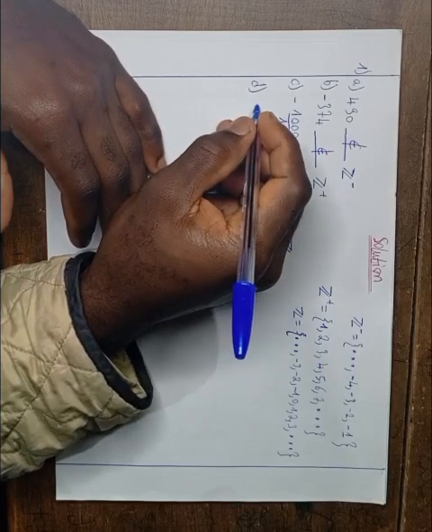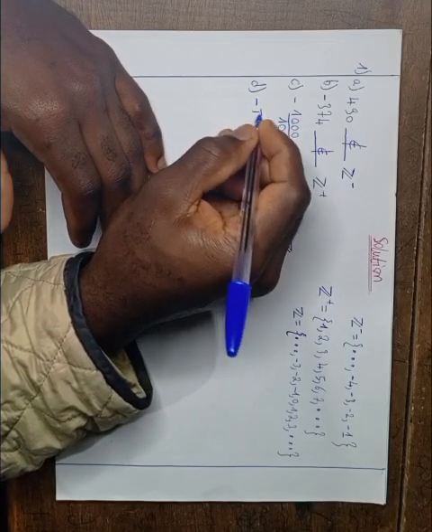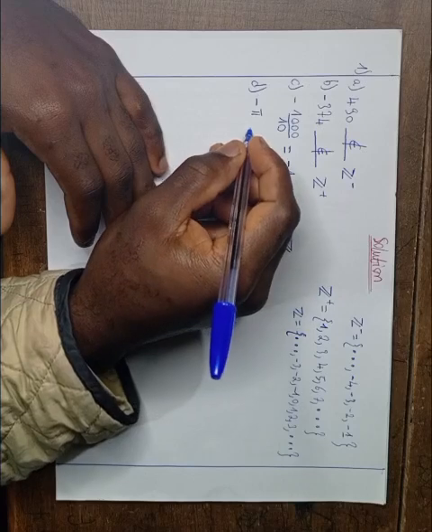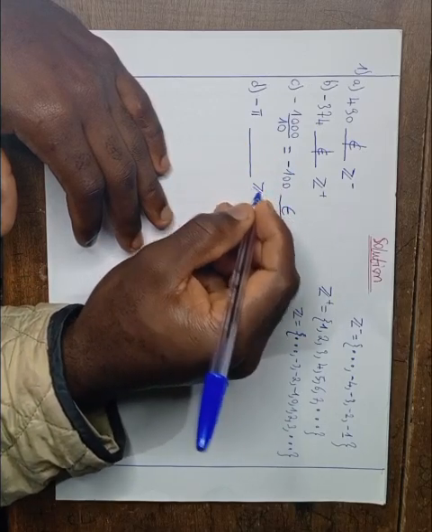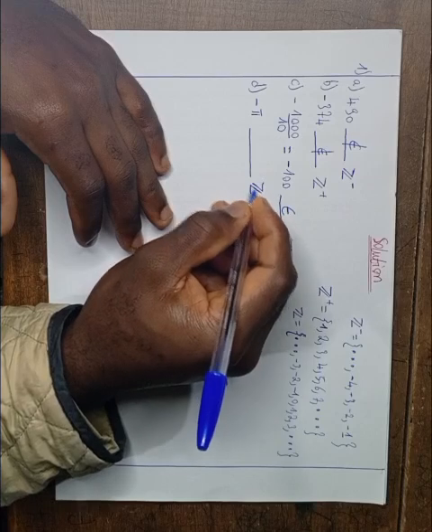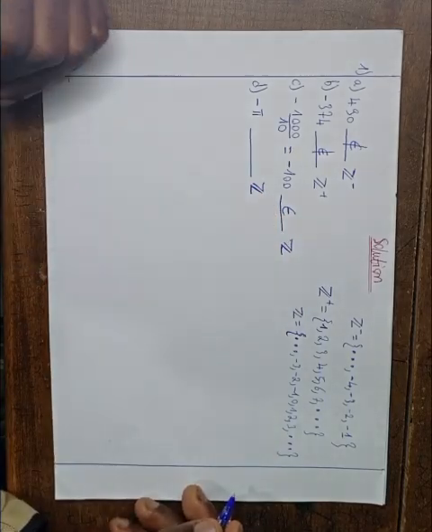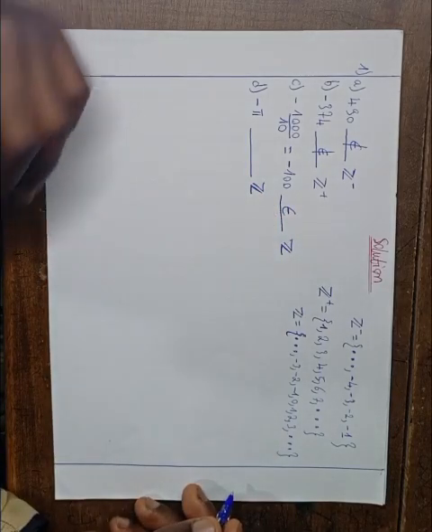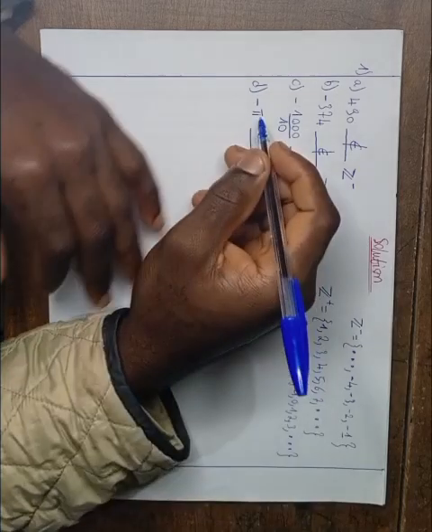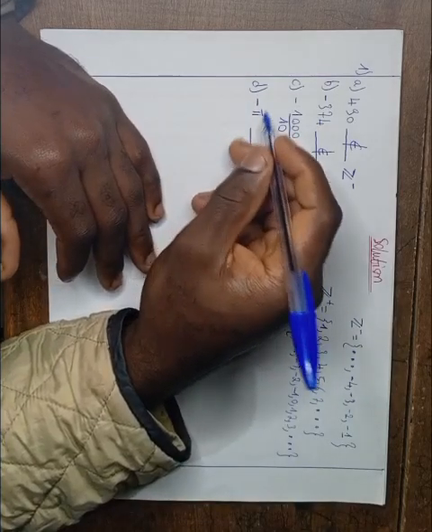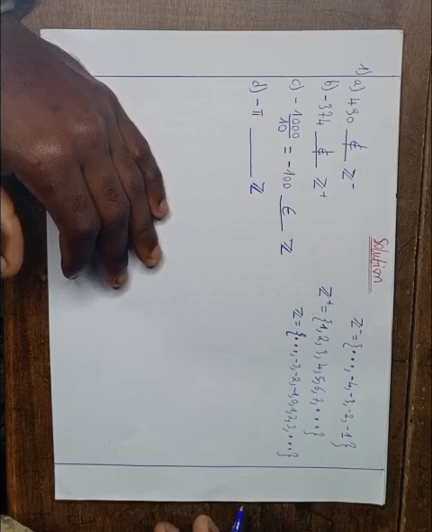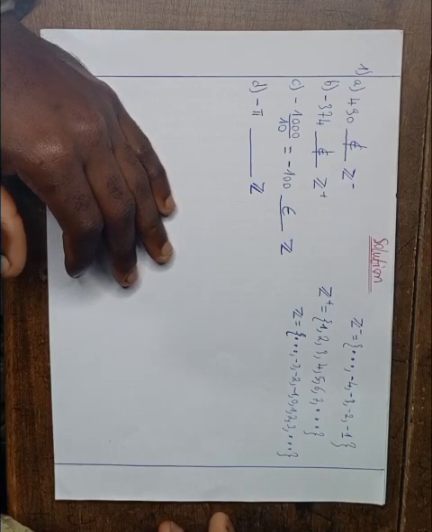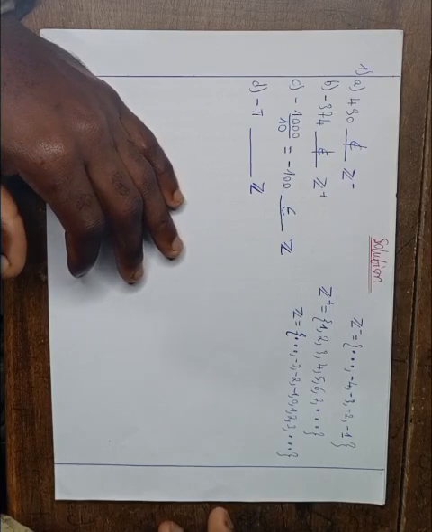We have -pi. We have z. Making use of our calculator, we are going to notice that pi gives us a value of 3 point something. It gives us a decimal number. It's not a whole number.